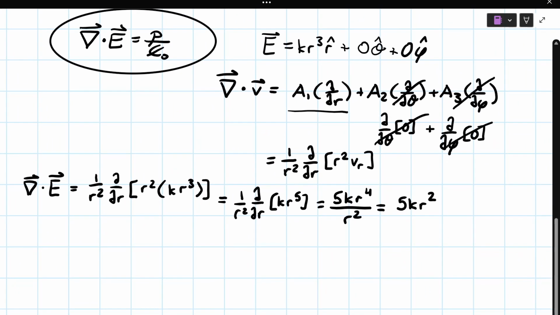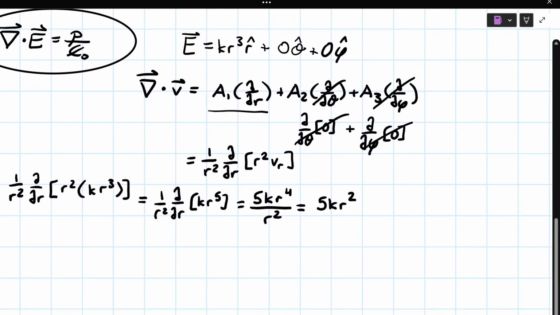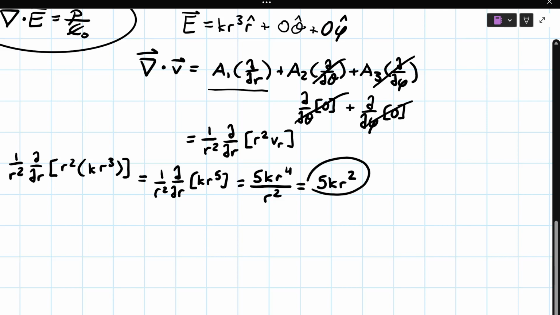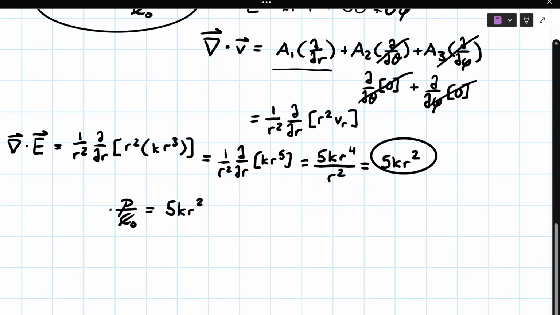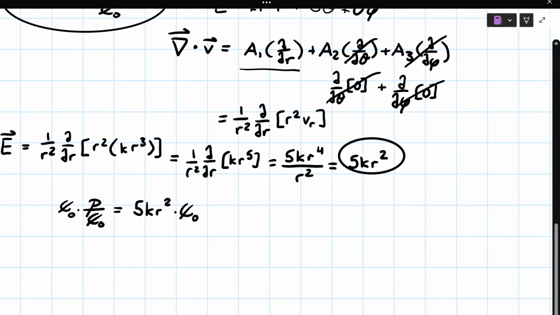Now, you'd think we might be done, because we found that this is equal to rho over epsilon naught. But we have to recognize that we're looking for just rho. So we have to take this and set it equal to rho over epsilon naught, and we multiply both sides by epsilon naught. And again, this is the permittivity of free space.